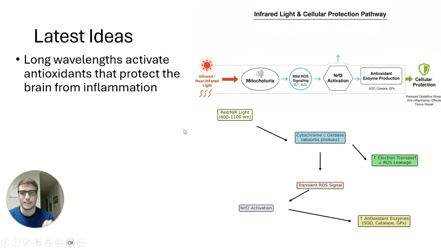So that's going to penetrate deep into your body, deep into your tissues, and it's going to activate something called cytochrome C oxidase, which is associated with the mitochondria, and that's going to set off cellular signal transduction to activate proteins that eventually lead to the production of antioxidants.